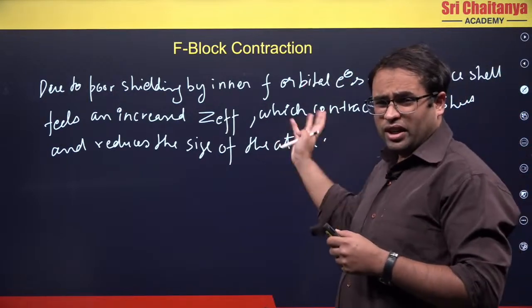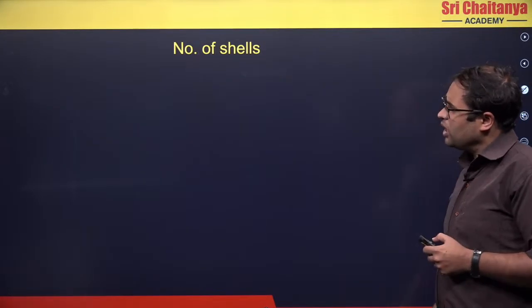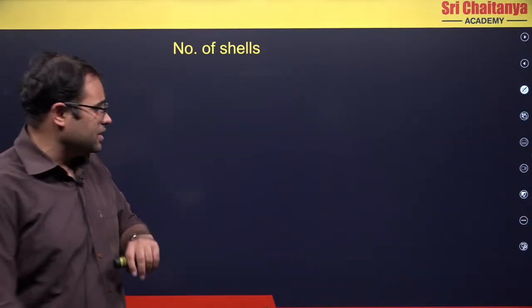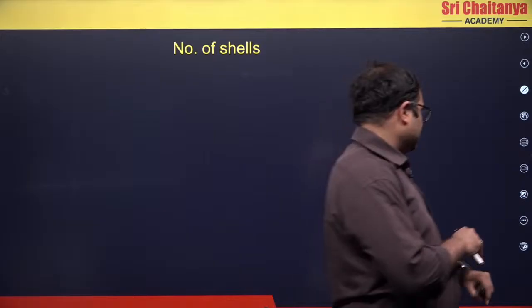So if you want to write it in words, you can write it like this, but that is your f block contraction. Now the next thing that affects the size is the number of shells.